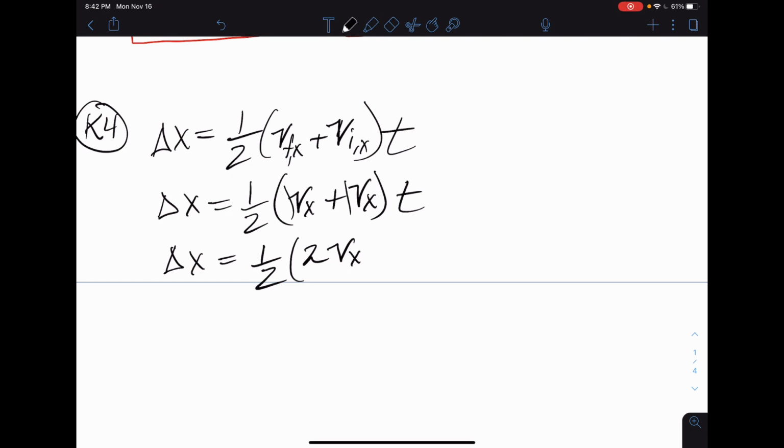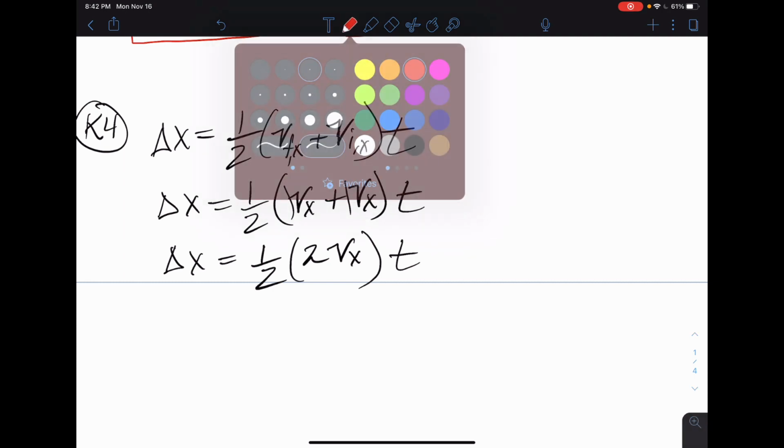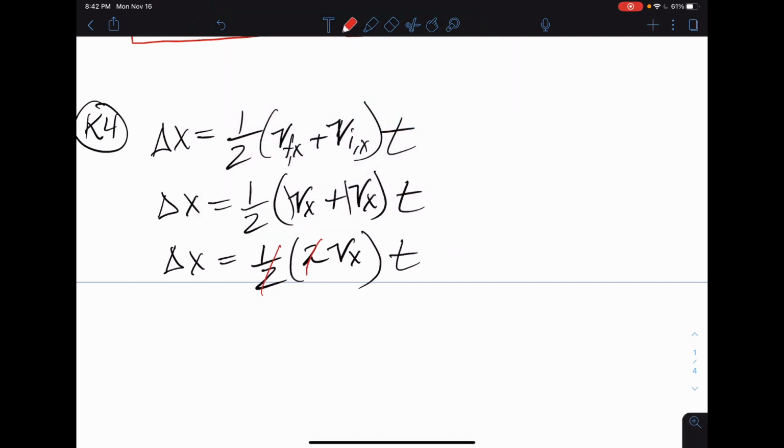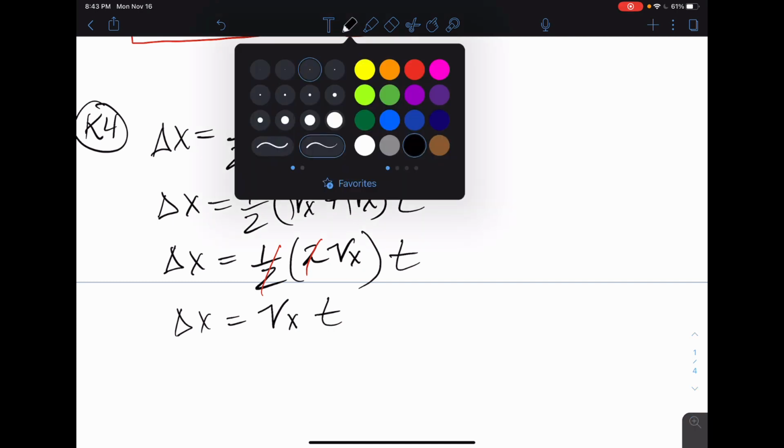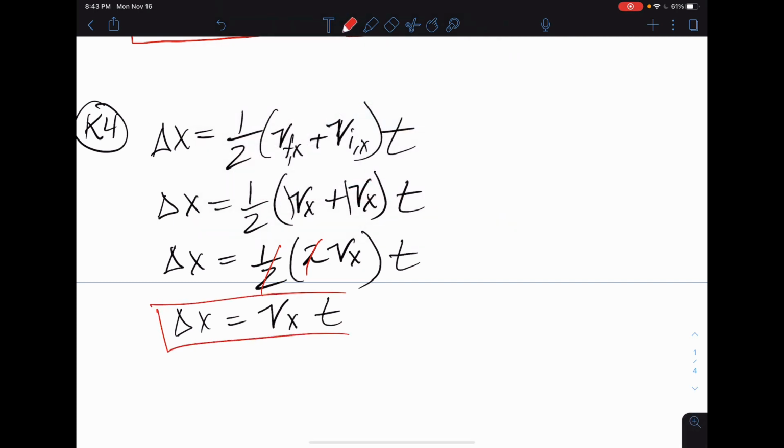That would be 2 VX, okay? Times t, and you can see where I'm going with this, right? 2 times 1/2 means that these are going to cancel, because 2/2 is just 1, and we can then write what's left as delta x equals Vx times t. And really, this is the same formula that we had just a second ago from K2. So K4 really doesn't give us much other than what we already knew from K2.